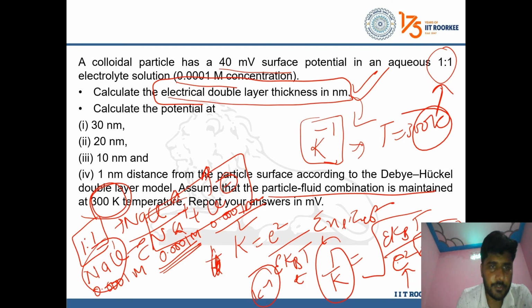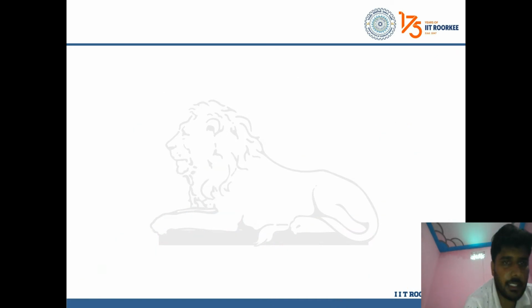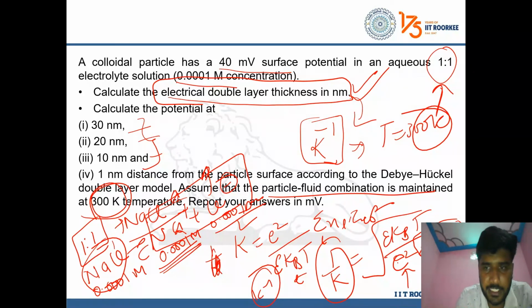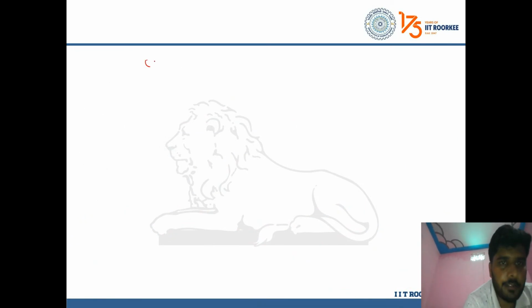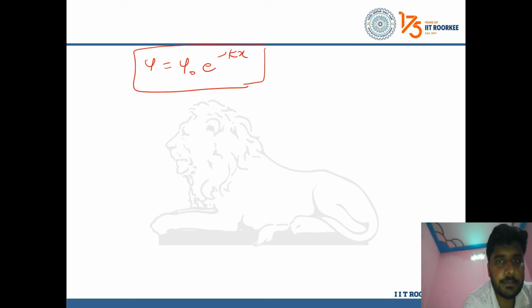Now you have to calculate the potential at different separation distances. In this particular question, you are given the Debye-Huckel approximation, so you can use the direct formula.